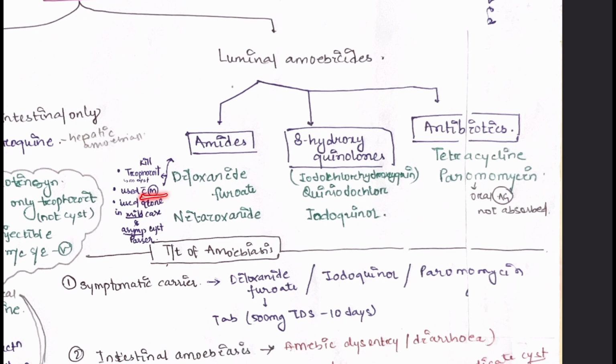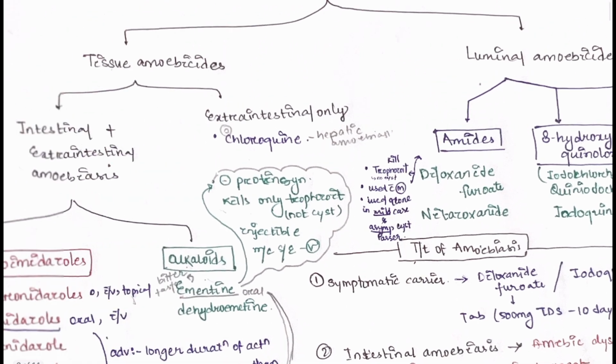Then it is used along with metronidazole, and it can be used alone in mild cases and asymptomatic cyst carriers. What do you mean by carriers? Carrier means they have the potential risk, like they are asymptomatic. There is no clinical presentation, but they have the infectious agent within them which they spread to different organisms.